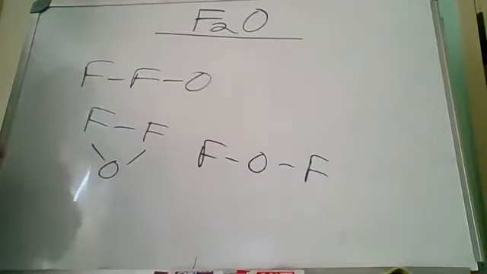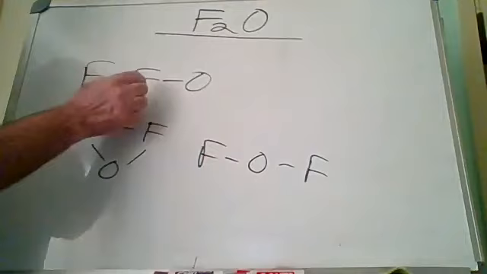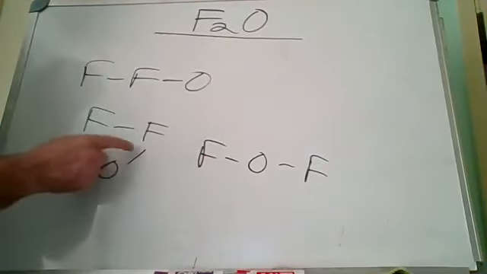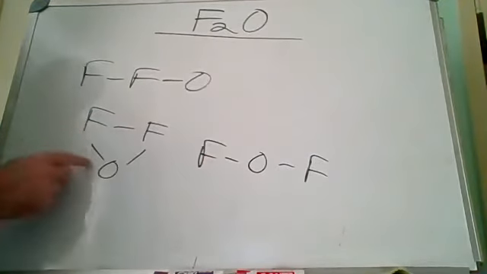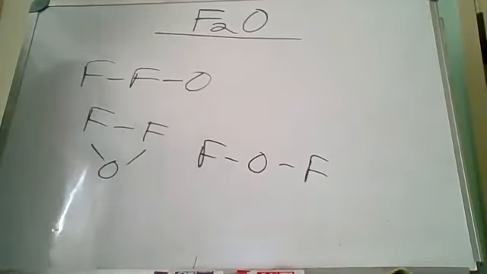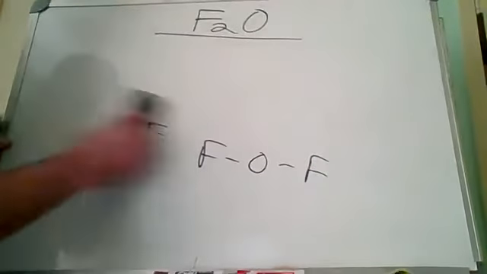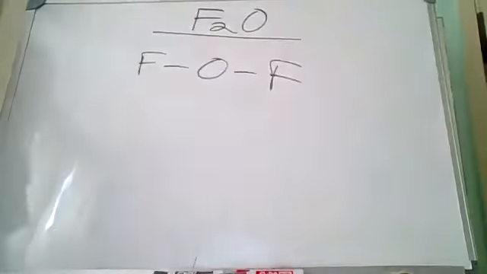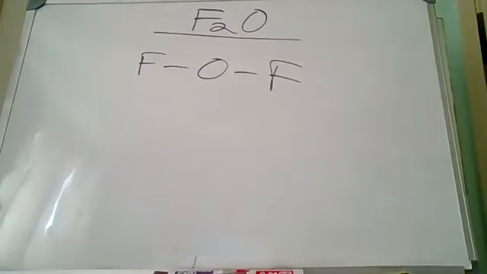Because here, this central fluorine is making 2 bonds, which it can't do. Here we have each of the fluorines also making 2 bonds. So in this structure, we're going to put the oxygen in the middle and flanked on either side by the fluorines. There it is, we're done.